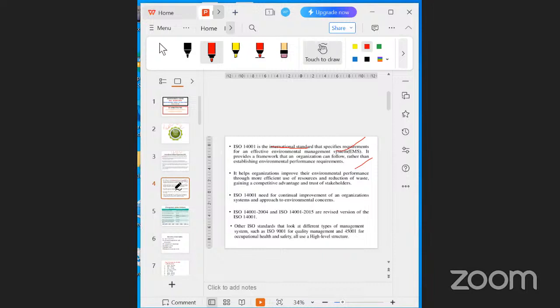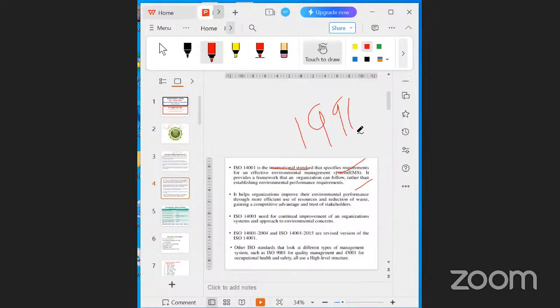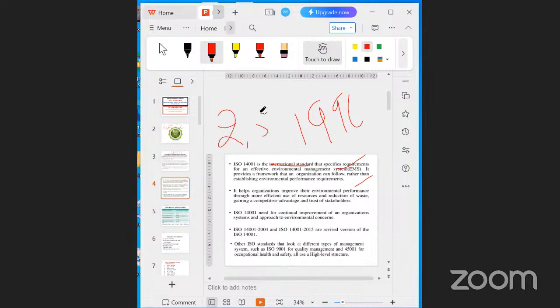When was ISO 14001 first introduced? It was first published in 1996, and it has been adopted by well over 250,000 certified users in 155 countries worldwide.